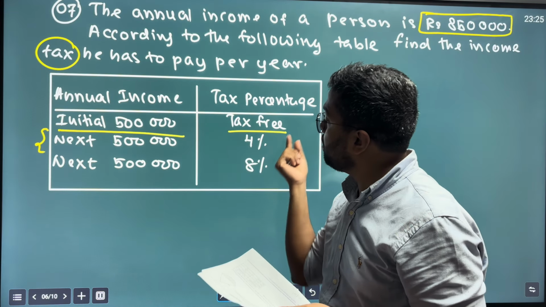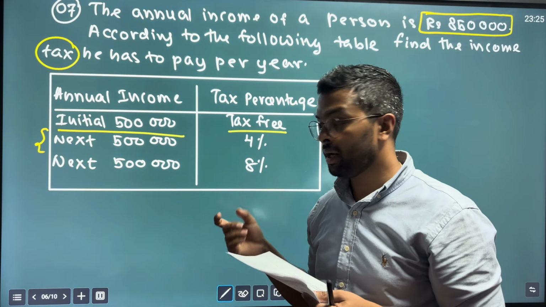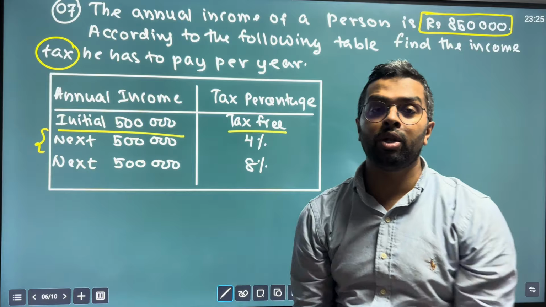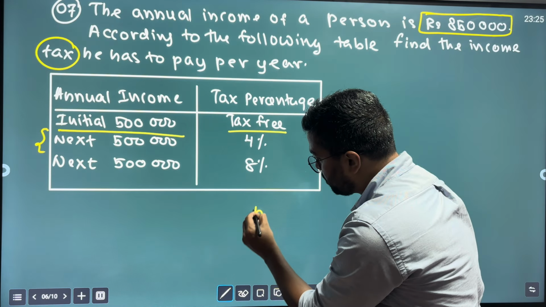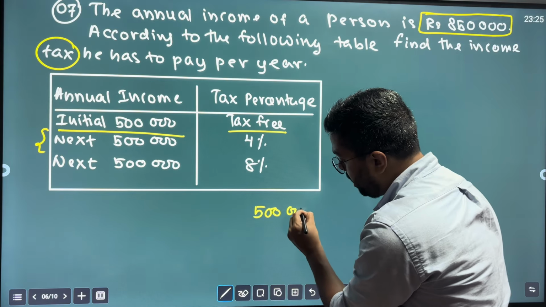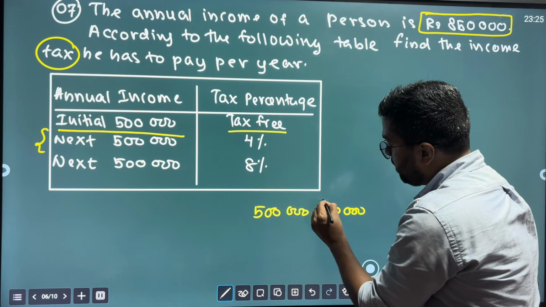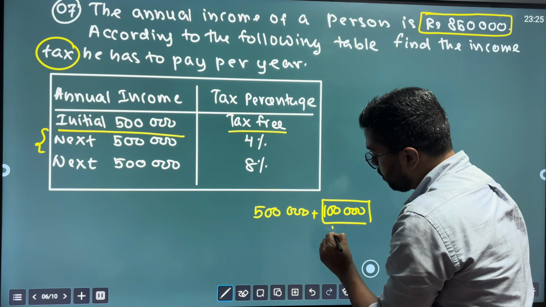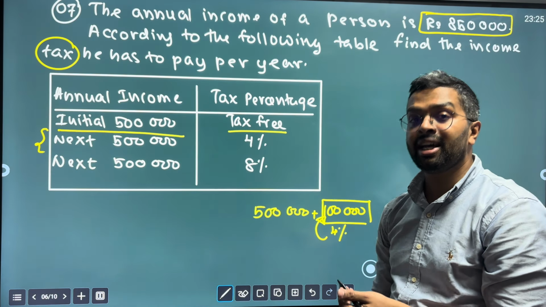So the tax amount as a percentage you have to pay is 4%, right? Let's say if your annual income is 600,000 rupees, the first 500,000 rupees will be tax free. And then for this particular 100,000 rupees you have to pay 4% out of this 100,000 rupees as tax.